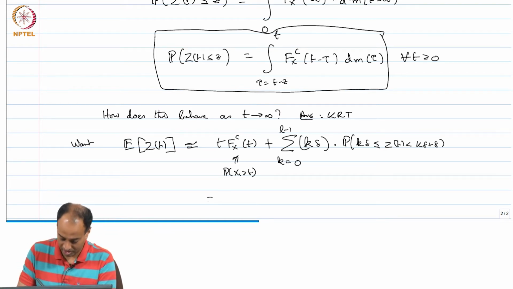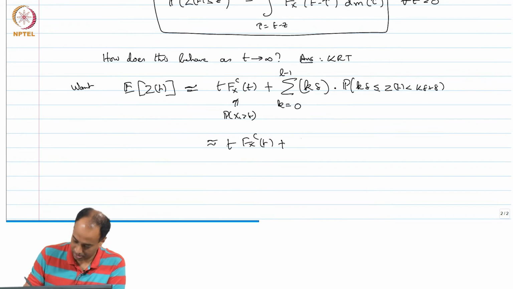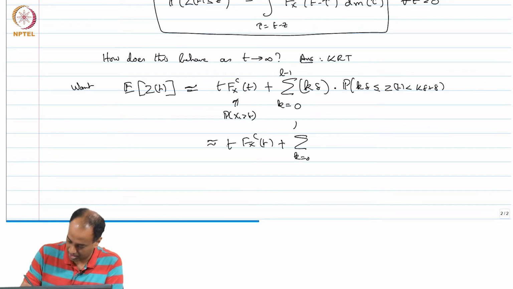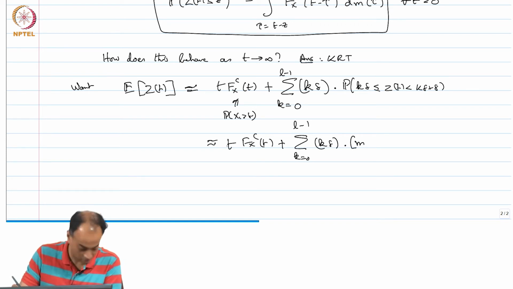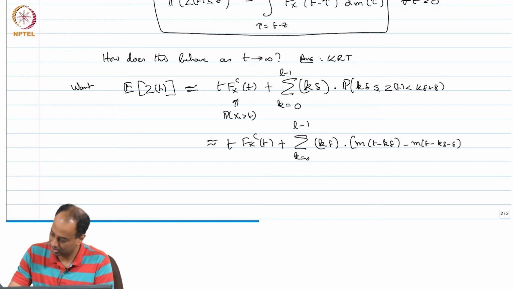So, this will be like t F_X complement of t plus something that looks like the sum over k equal to 0 to L minus 1 of k delta times, this we already know, m of (t minus k delta) minus m of (t minus k delta minus delta), times F_X complement of k delta.